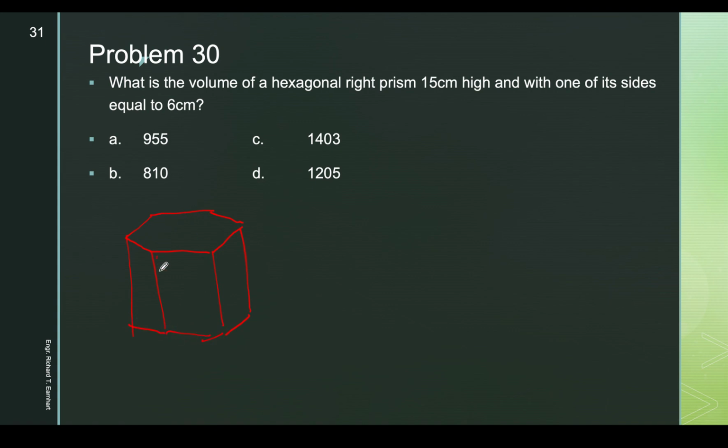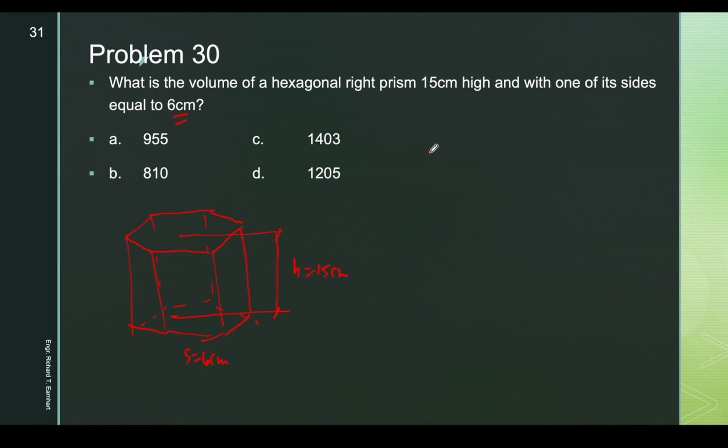The height is the distance, the parallel distance between the two bases, and that is given, and one of the sides of the base, so obviously referring to the base edge, is 6 centimeters.